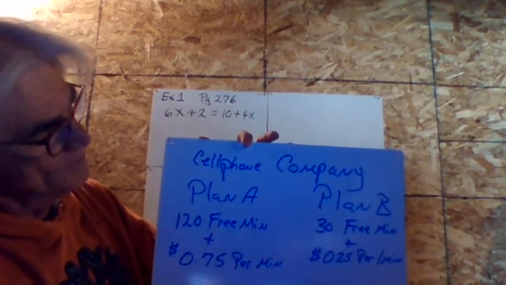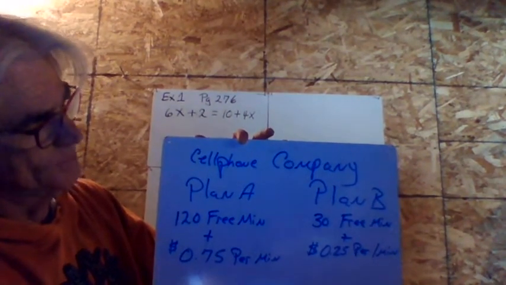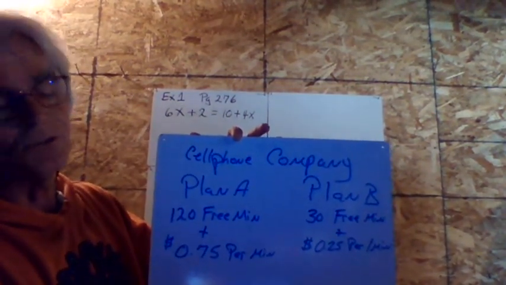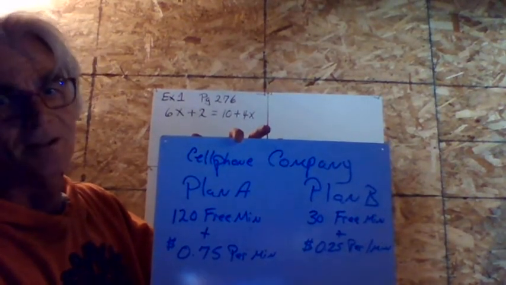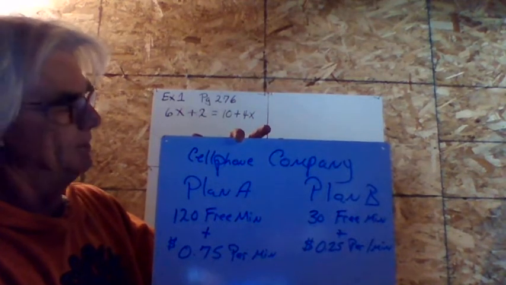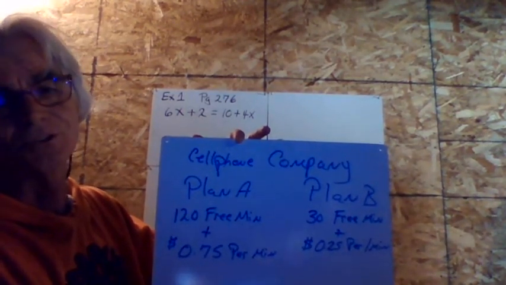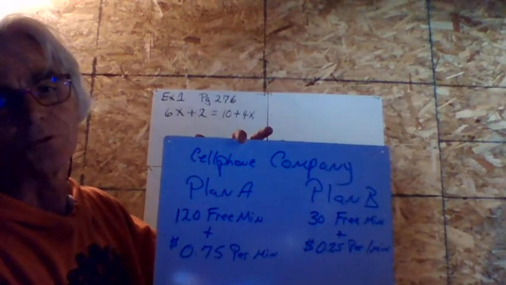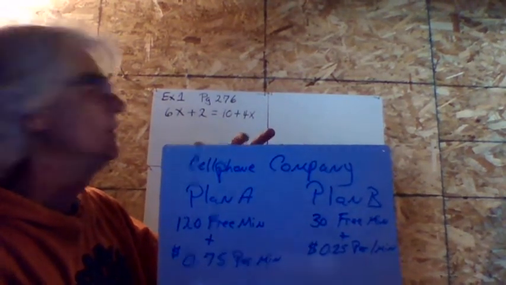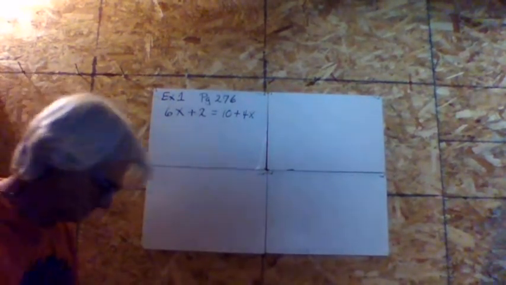Plan B is 33 minutes and 25 cents a minute. So you can set up an equation with that, and you could calculate at what point both plans become the same amount. Or of course you could use it to make a decision on which plan would be best for you depending on the minutes you use. So that's the basis of what this is used for.